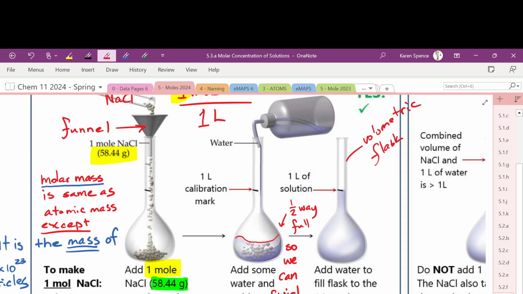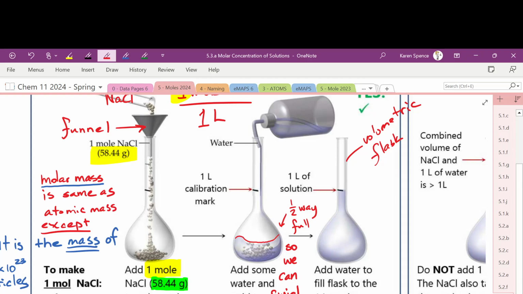Okay, so I swirl it until it's all dissolved, and then I can add water up to the 1 liter line. Okay, and I normally would not do it like this. Well, I could do it like this for a really big volume like this, but you can see my line is right there and I went over. Is that a good thing or a bad thing?